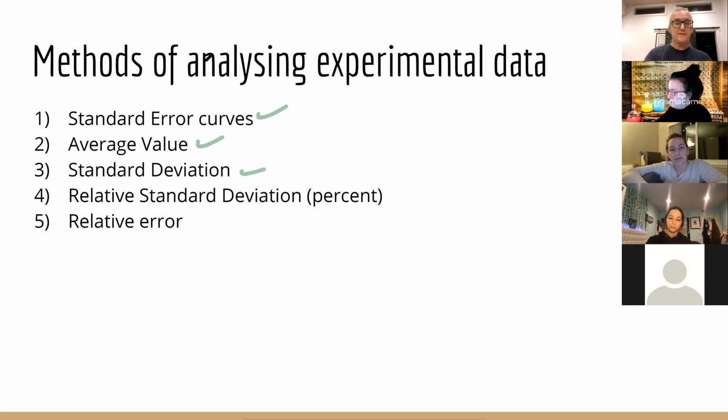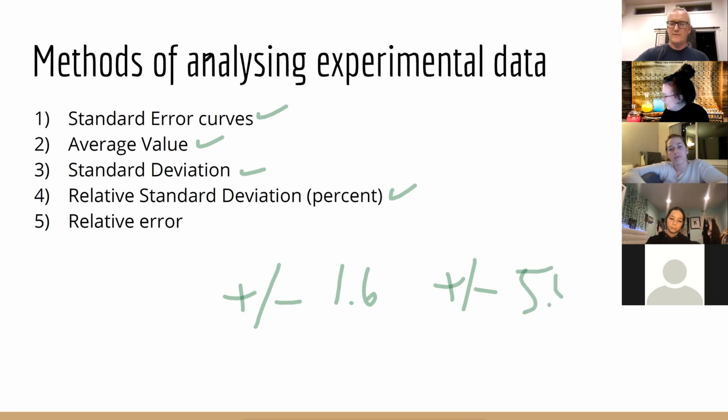And then there's relative standard deviation, which is basically a way of saying how accurate your answer is. If your answer is plus or minus 1.6, I don't know what that means. But if you say it's plus or minus 5.5%, then, oh, okay, you have an idea of how accurate your answers were. And then we'll talk a little bit about relative error.